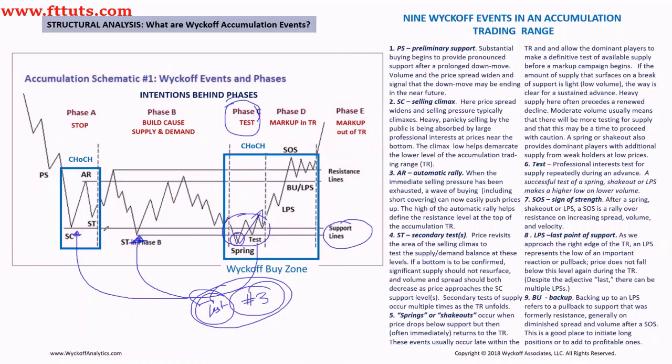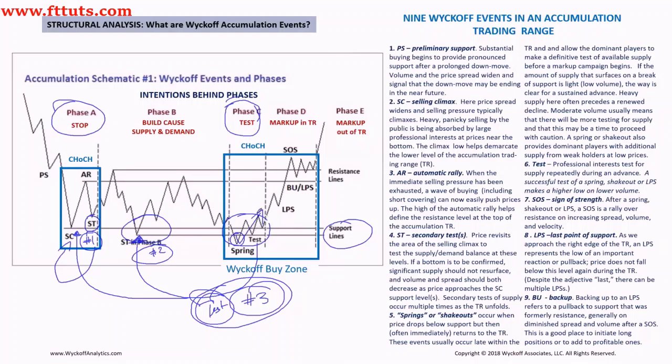But for now, I want you to remember that the first test is going to be a local test of the climactic action, the selling climax. That's test number 1, in phase A. Test number 2 is going to be the test of the support area in phase B. And then test number 3 at the support level is going to be the test of the last point of support, the test of the sprint, the test of the shakeout.